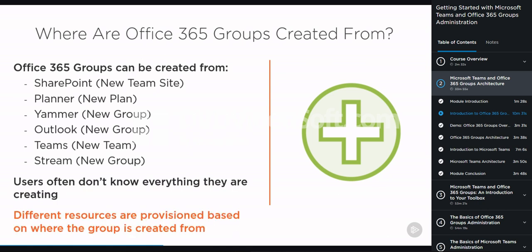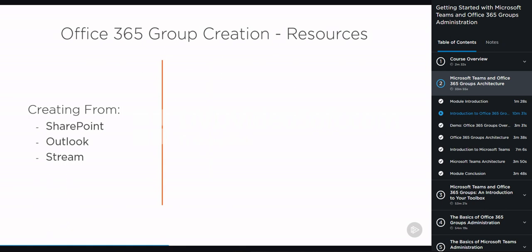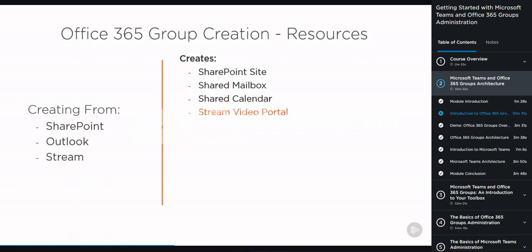If a group gets created from SharePoint, Outlook, or Stream, it will create a SharePoint site, a shared mailbox, a shared calendar, a Stream video portal, a Power BI workspace, as well as a OneNote notebook and a Microsoft Forms workspace. It will not automatically create a Microsoft Teams theme, but that can be added after, as well as the Planner plan.